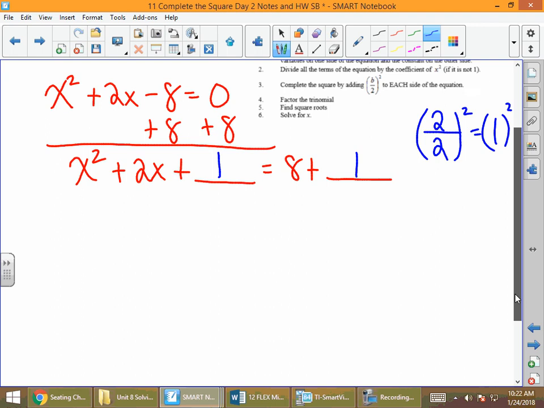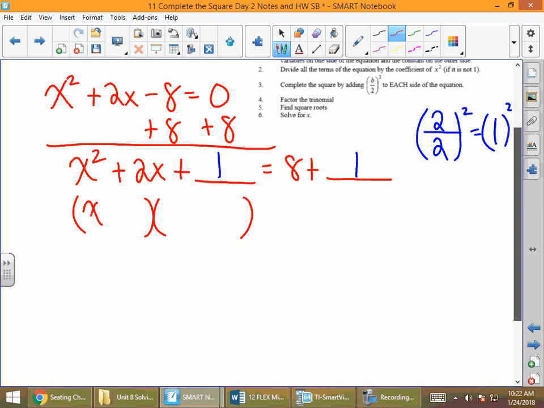When we get to our next step, which is to factor the trinomial, if we take the time to write down that step that I have in blue, then the factoring can be simple, because we're creating the perfect square trinomial. That means we want the same values in each of those parentheses.